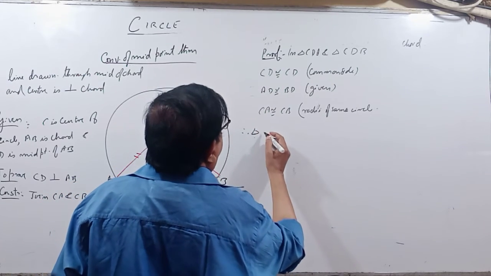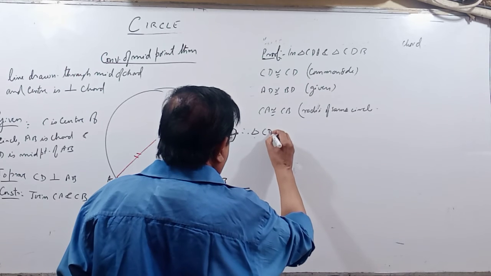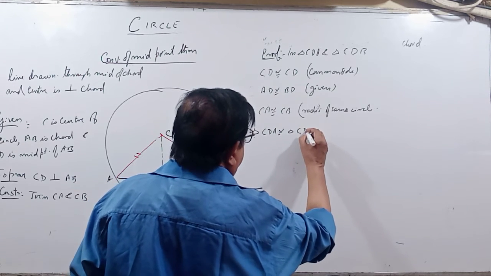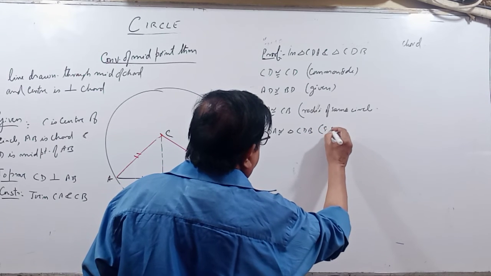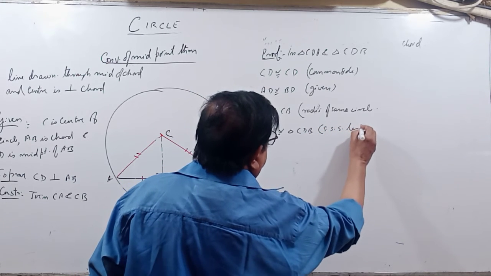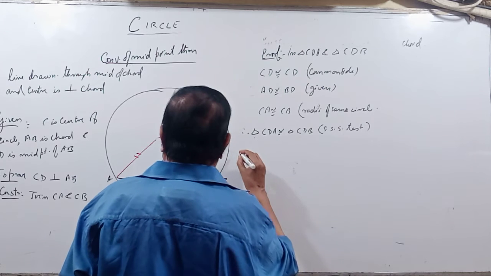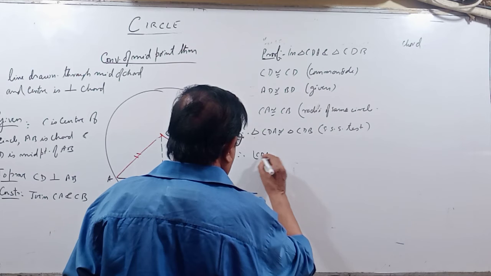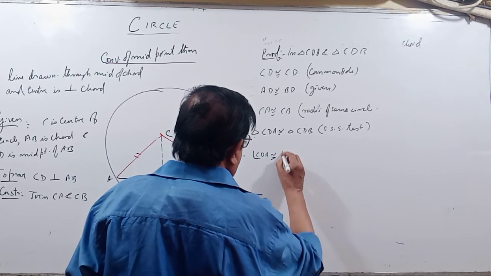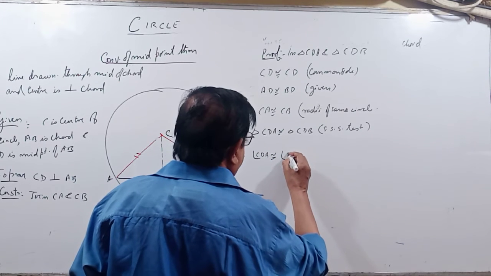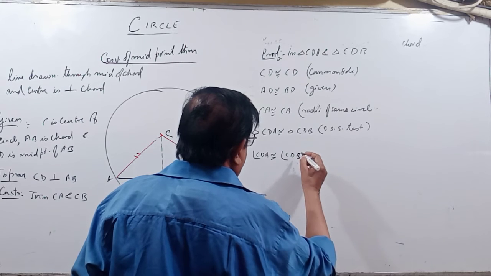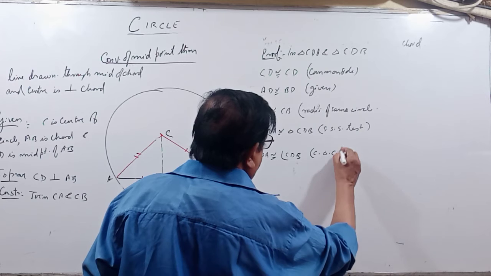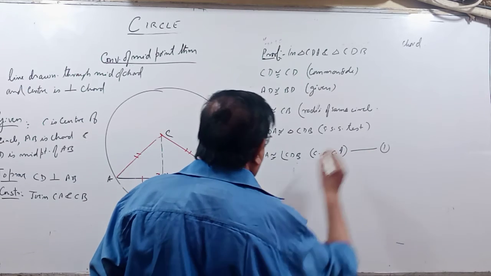Therefore, triangle CDA is congruent to triangle CDB by SSS. Therefore, angle CDA is congruent to angle CDB, corresponding angles of congruent triangles.